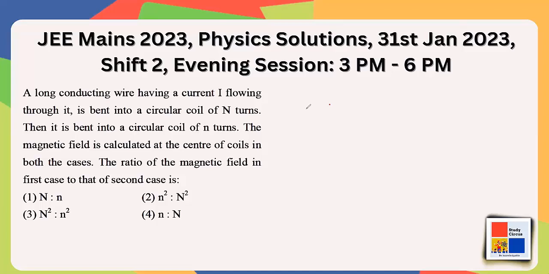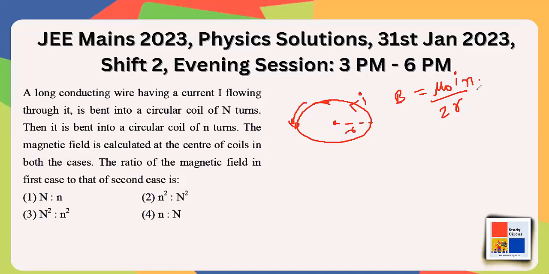So if you have a circular coil with current I flowing through it, the magnetic field at the center is given by the formula mu naught I upon 2 times the radius, right? If R is the radius of this coil and I is the current flowing through the circular wire. If there are n turns, you simply multiply by the number of turns in the coil.